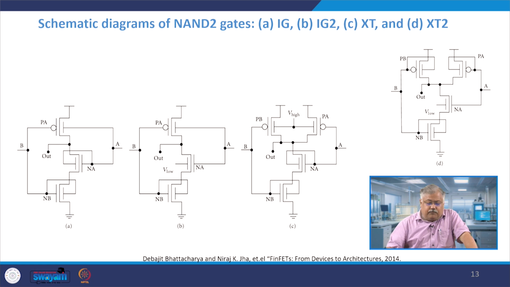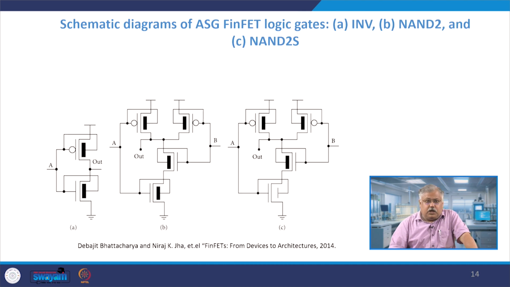Now, if you do a NAND gate here, then this is for the XT gate, extended gate, which you see, right. Now, this is an asymmetric gate FinFET structure, where the symmetry is not maintained across the inverter, NAND 2 gate and NAND 2 S gate, shorted gate. So, this is the NAND 2 shorted gate, this is NAND 2 ordinary gate, and this is what you see.